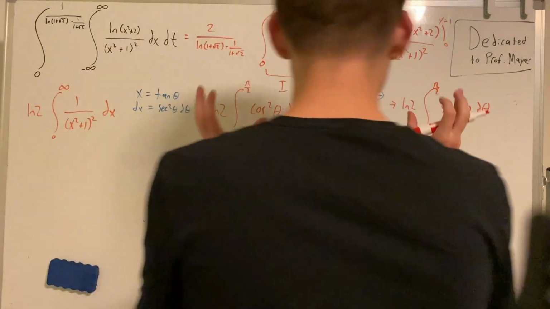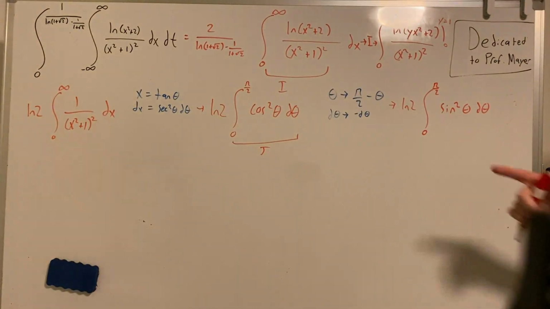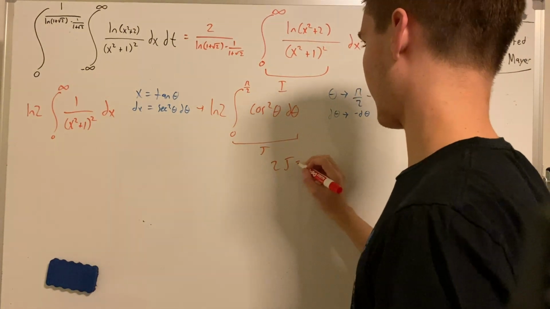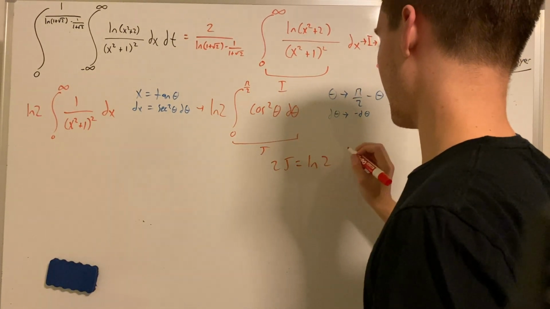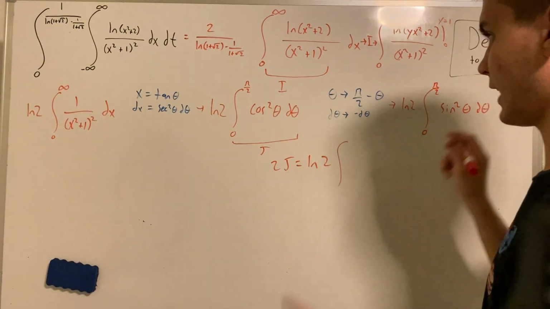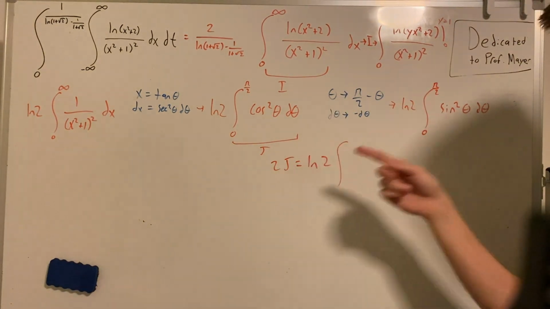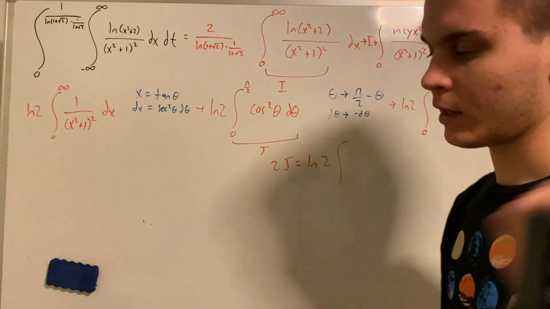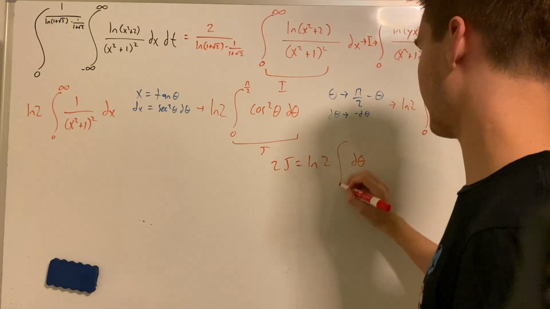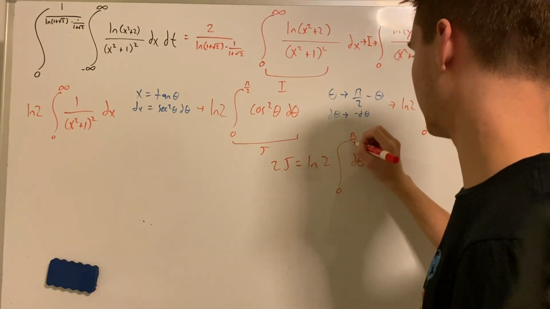So we've got 2 copies of j right here. These are each equivalent to each other, so we're going to add them. So 2j equals, the ln 2 is constant. And now since we have the same bounds, we can add the integrands together, which will obviously give us cosine squared theta plus sine squared theta. And that's just equal to 1. So we're just going to have d theta, and our bounds are still this.